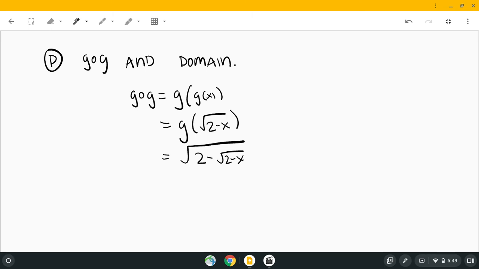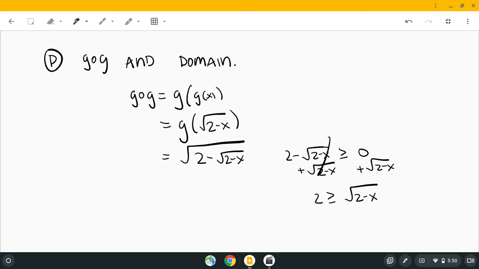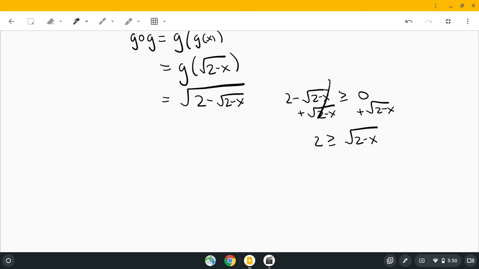So we know that the inside, 2 minus x, has to be greater than or equal to 0. So I'm going to go ahead and add the square root of 2 minus x to both sides. Cancel that. So I get 2 is greater than or equal to square root 2 minus x. Now I'm going to square both sides.